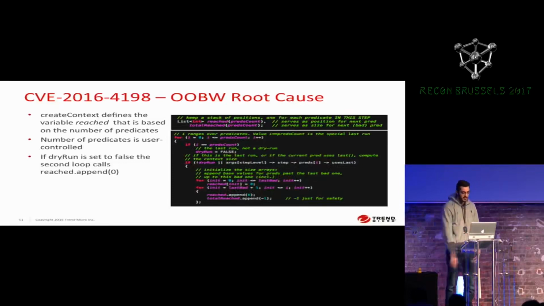So in this case, the preds count is controlled by the user, and later there's a call to reached append 0. So if a user defines a certain number of preds count, then they will be able to trigger an integer wrap, and that value is going to be passed to the allocation, and then we'll be able to write out of bound.